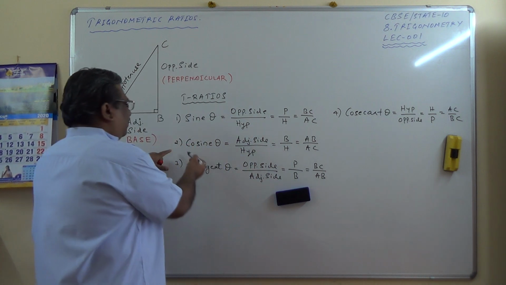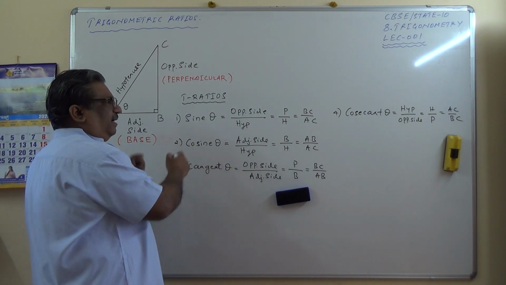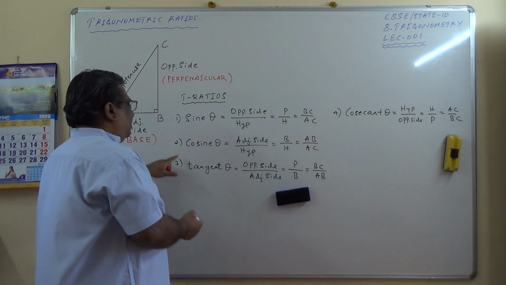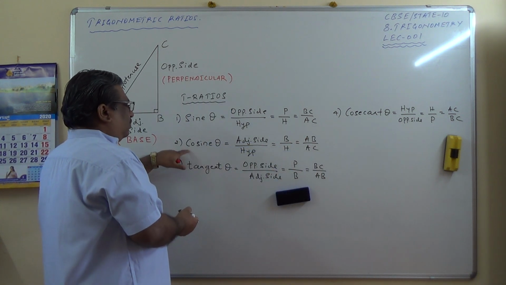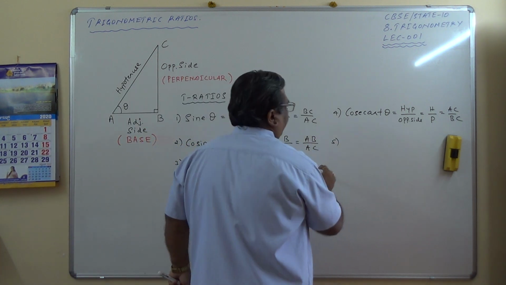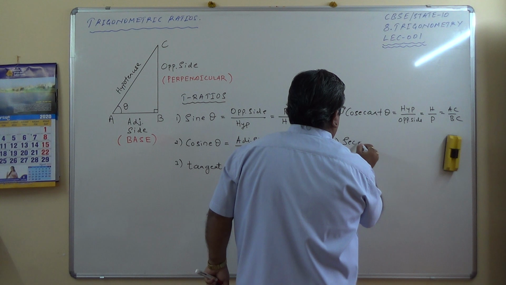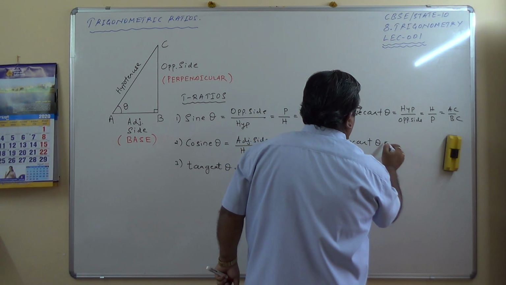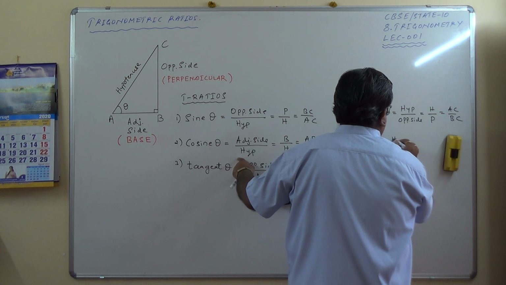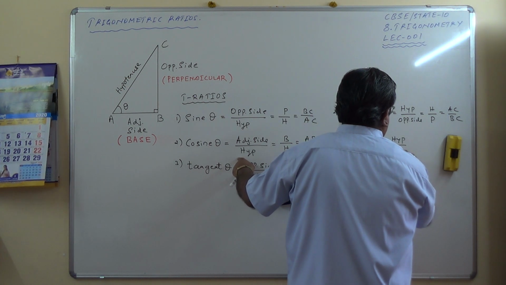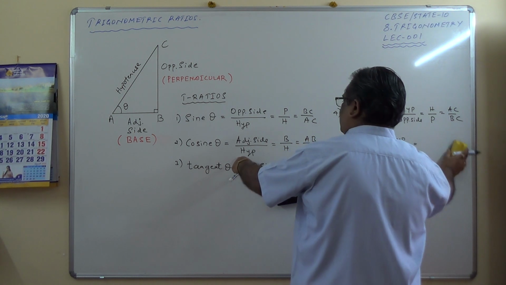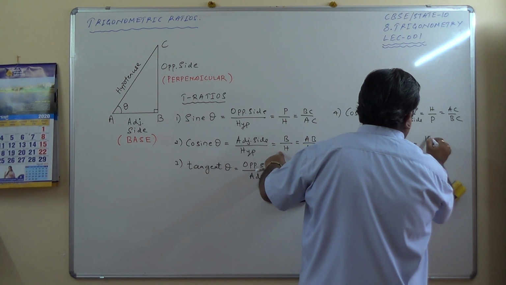Similarly, the reciprocal of cosine is secant. What is the reciprocal of sine? Cosecant theta. Similarly, the reciprocal of cosine is secant theta. Fifth one, secant theta, which is equal to hypotenuse by adjacent side, which is equal to H by B, hypotenuse by base.